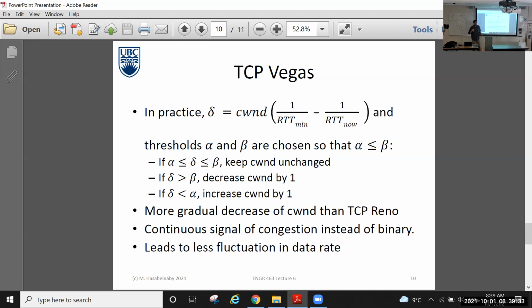Again, as a summary for transmission control protocol, the use of transmission control protocol is to try to overcome the problems that can happen from congestion. We have two problems, packet loss and delay. For packet loss, we want to retransmit the packets.